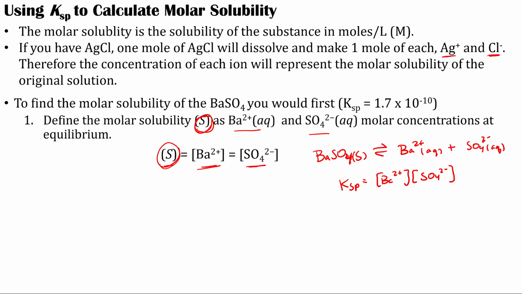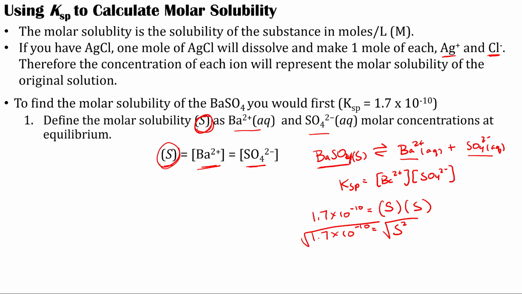They have to be equal because if one of these is made, one of these has to be made because they were together once. So I'm going to say 1.7 times 10 to the negative 10 is equal to S for barium times S for sulfate. So now I have 1.7 times 10 to the negative 10 is equal to S squared. And so if I take the square root of both sides, that would give me S. And so that's 1.3 times 10 to the negative fifth. And that would be the molar solubility of barium sulfate.